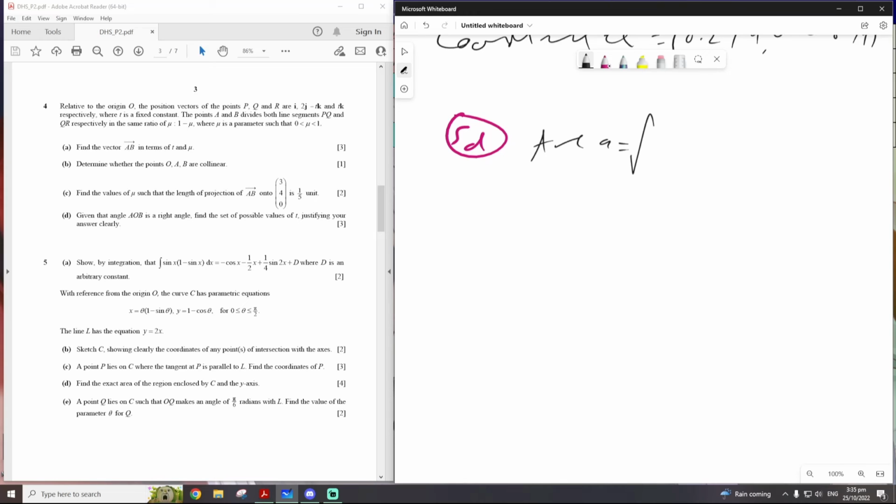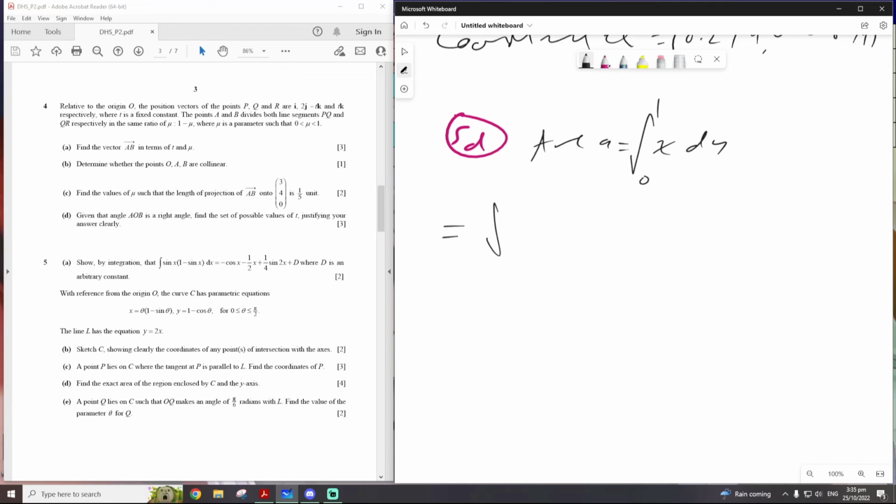So you replace it with dy/d theta times d theta. So the area will be, let me write down, the integral of x dy from 0 to 1. Change the limits of integration.